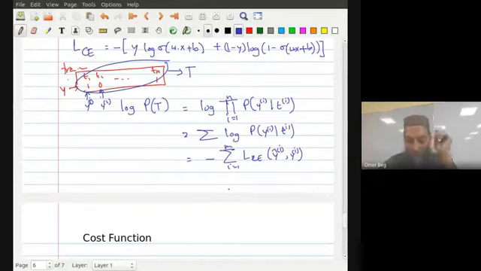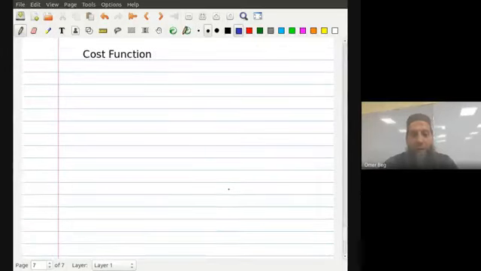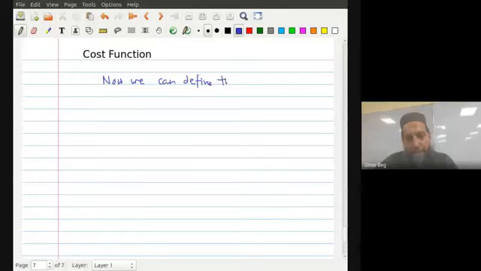Now, since we have the cross entropy loss, what we want is a cost function that we really want to minimize. So what's the cost function for logistic regression? Now we are able to define the cost function in terms of the cross entropy loss for the entire training set.